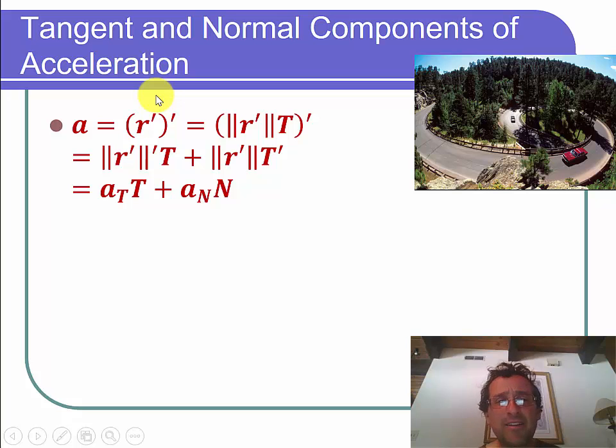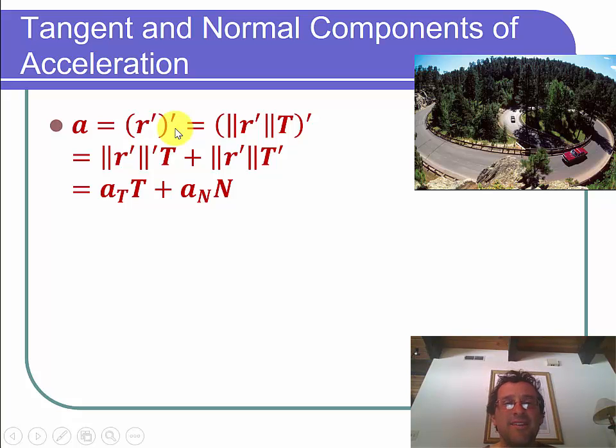So let's talk about acceleration, and we're going to look at the equation for acceleration and talk about why it can be looked at as two pieces. Remember, the acceleration vector is the second derivative of the position vector, which is r prime, all quantity prime. And then I'm going to do a little trick.